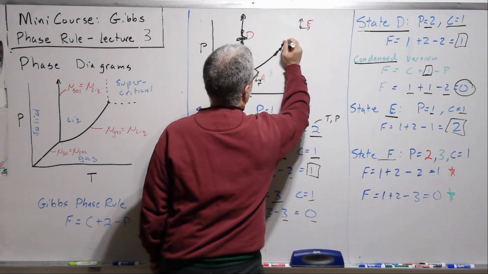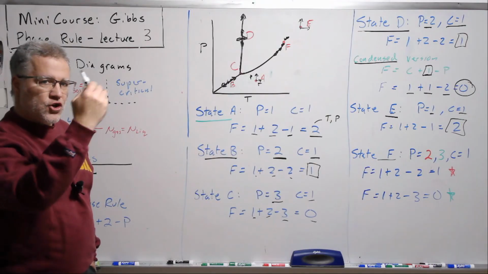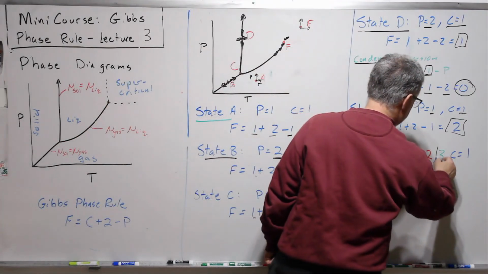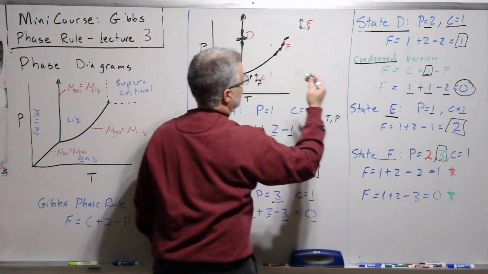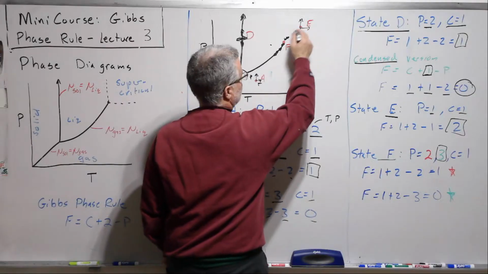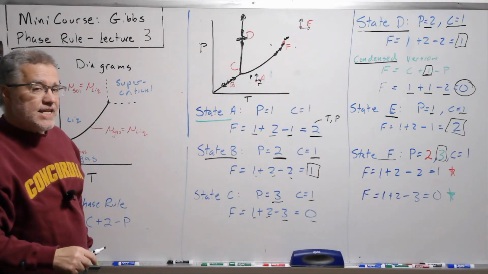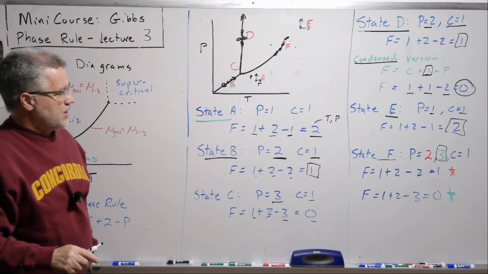So we could come back this way, but we can't go that way. So at the limiting point, or the terminus of this line, we really have to consider 3 phases here. One way to think about it would be the liquid, the gas, and then the supercritical fluid as being a separate phase, even though there isn't a phase transition happening to go there.